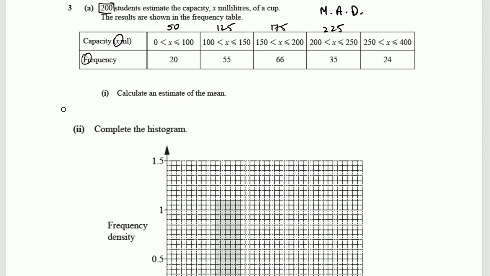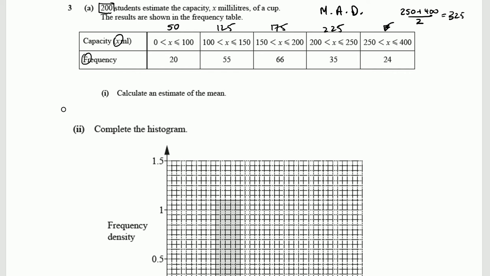Now if you're not sure what the midpoint's going to be, then a quick method to do it is to add together the endpoints and divide by 2. So if we do 250 plus 400, getting 650 divided by 2, that'll give me 325. Essentially, we're working out the mean of these two values.